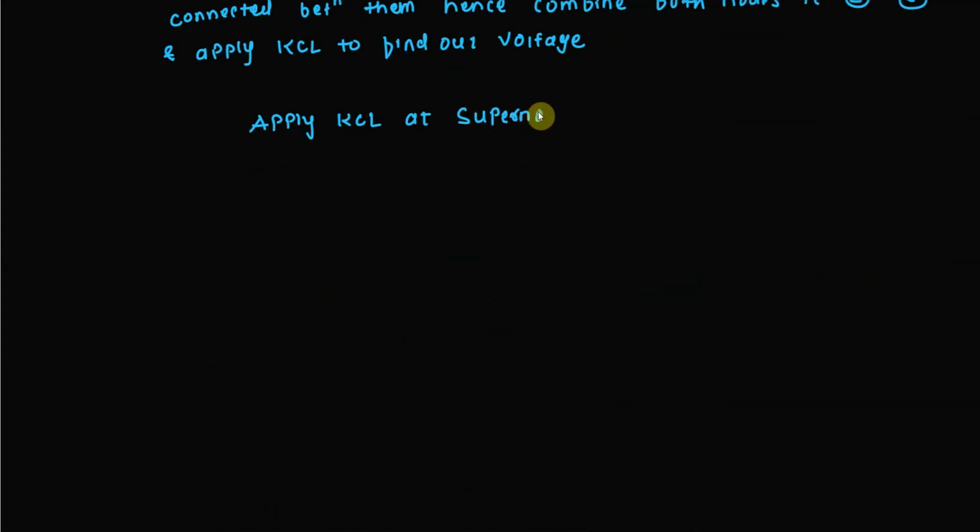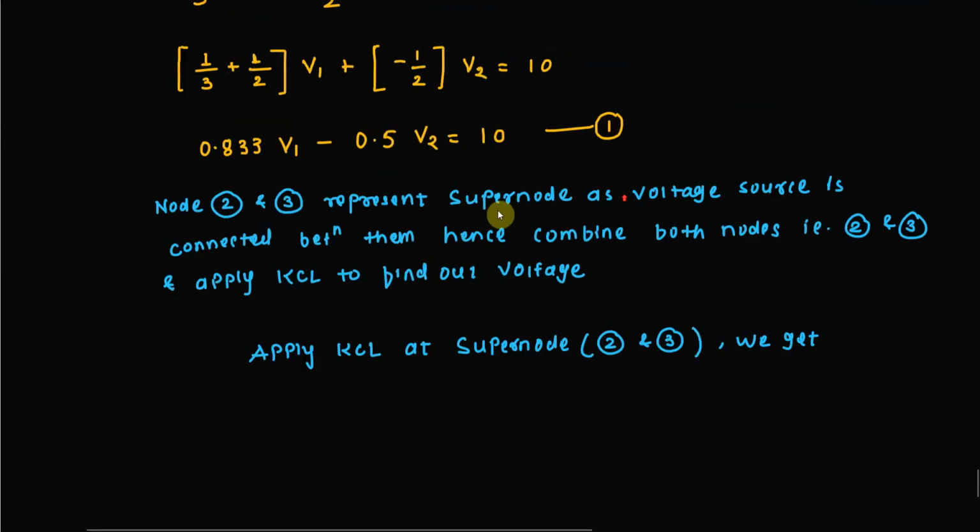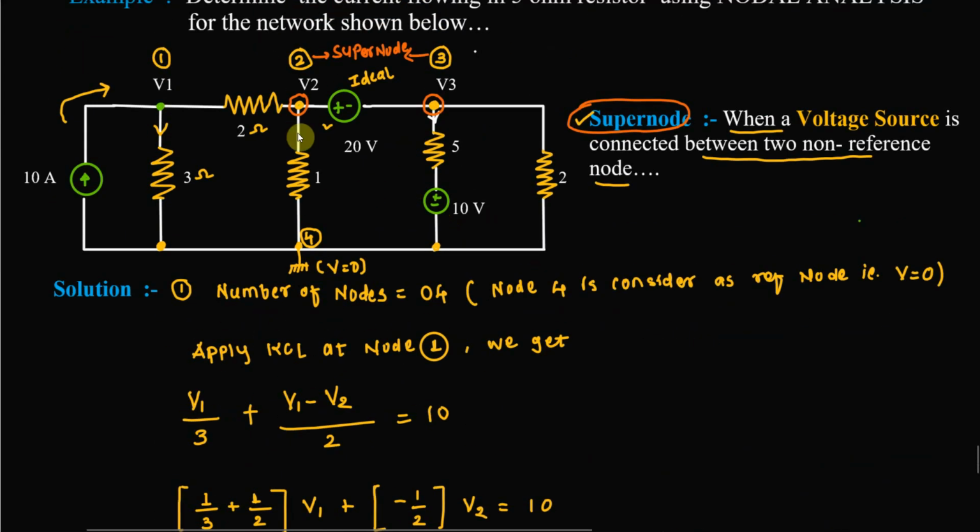So instead of writing the number, supernode means node number 2 and node number 3, and after that what we will get. Okay. So it's very simple, it means find out the current at this second node as well as the third node and combine all these three.